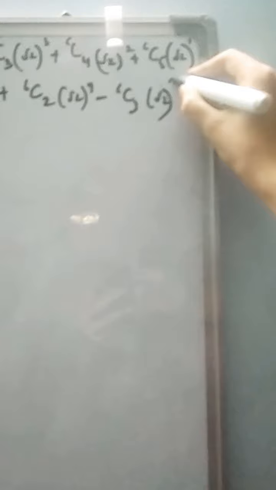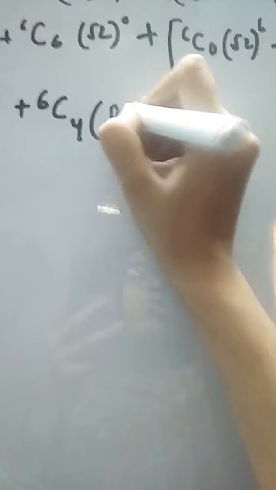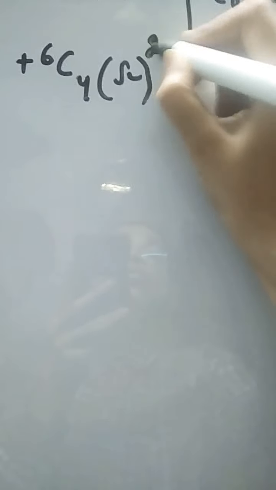It will be 6C0 root 2 to the power 6, minus 6C1 root 2 raised to the power 5, plus 6C2 root 2 raised to the power 4, minus 6C3 root 2 raised to the power 3, plus 6C4 root 2 raised to the power 2, minus 6C5 root 2 raised to the power 1, plus 6C6 root 2 raised to the power 0.